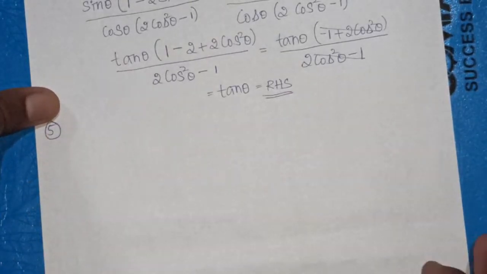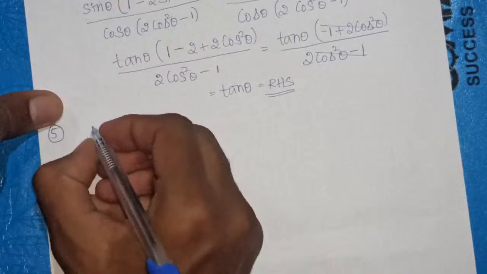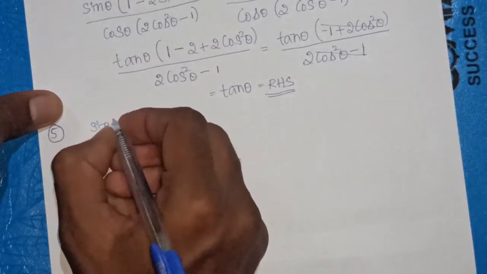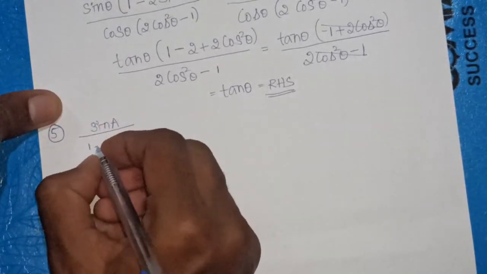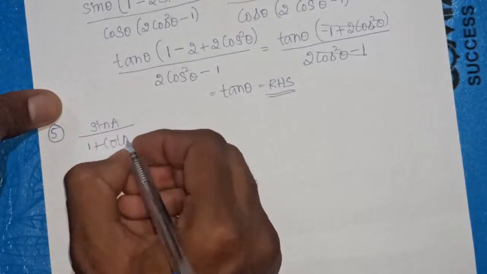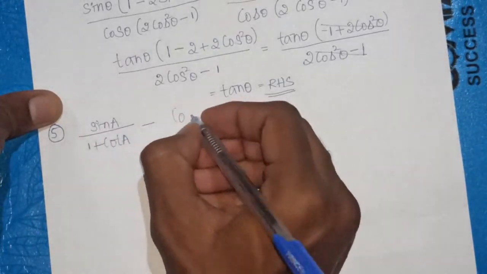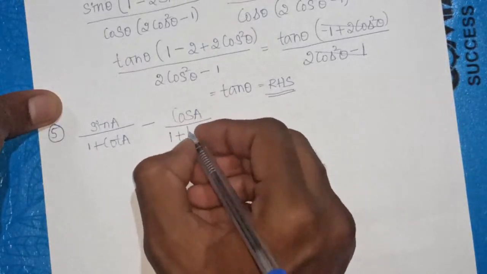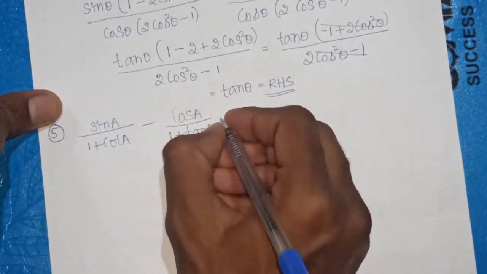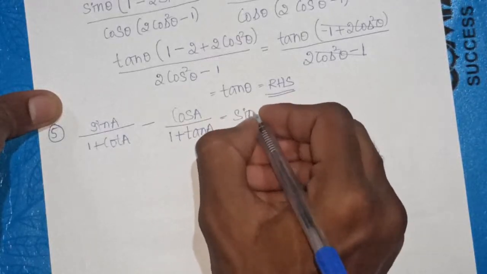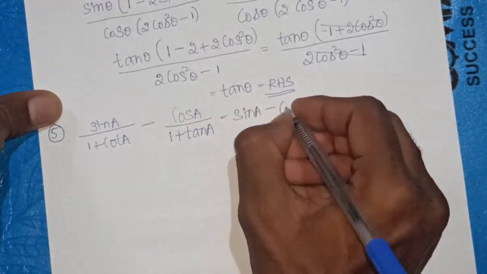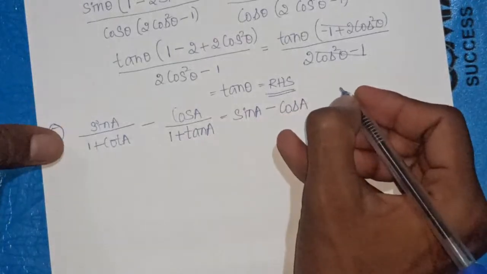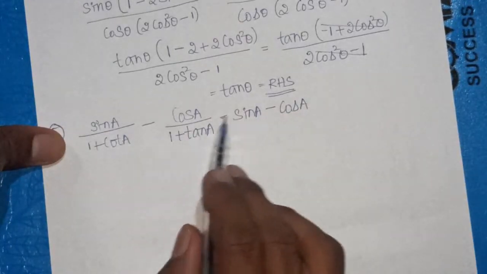Now let's move on to the next question. Sin A by 1 plus cot A minus cos A by 1 plus tan A will give you sin A minus cos A. And here we need to take LHS and we need to prove RHS.